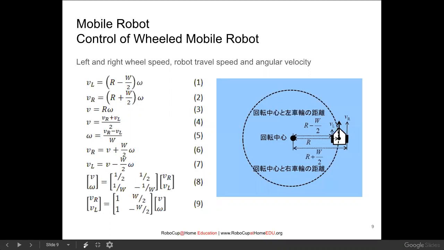That's what we want, because the left and right wheel speed is our input, something we can control through the motor. And the output we want is the movement of the robot, which is the overall speed V and also the overall rotational speed omega. This is the model we need in order to do the calculation later on.